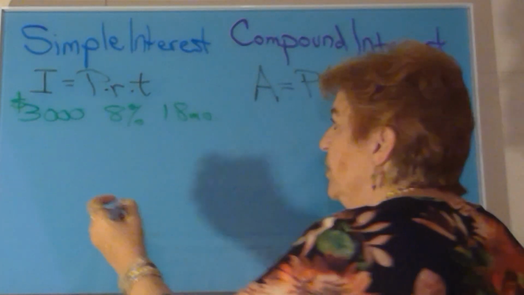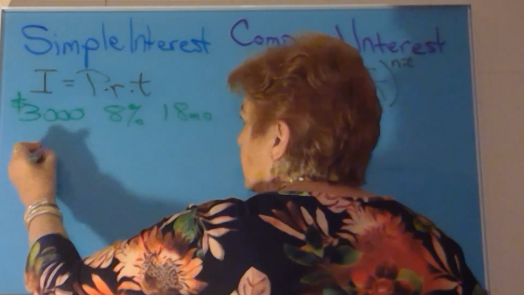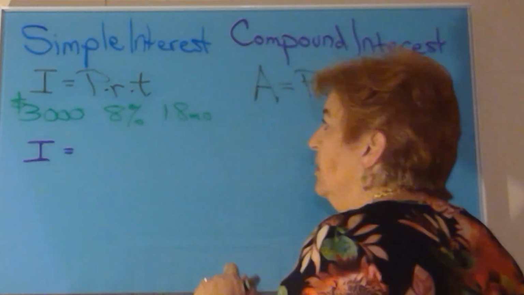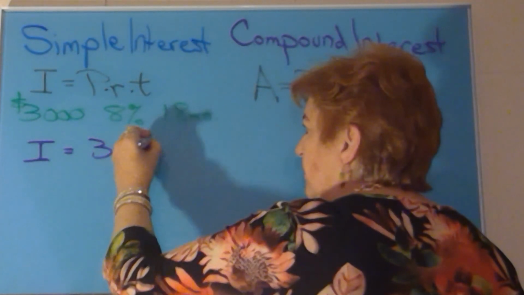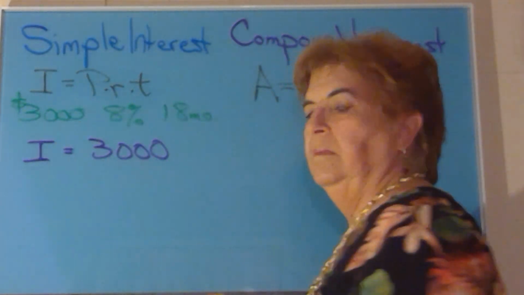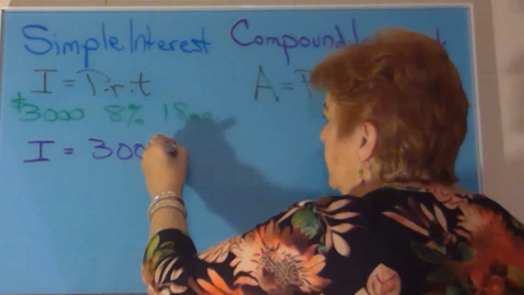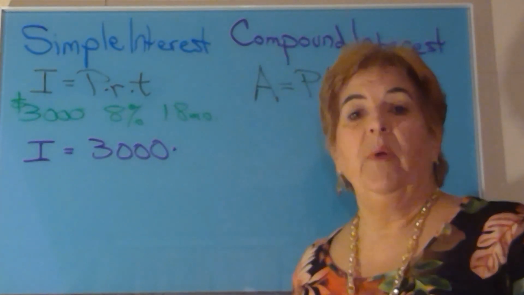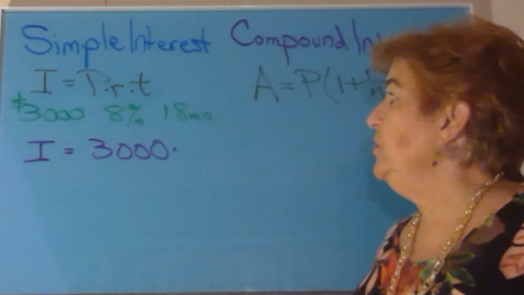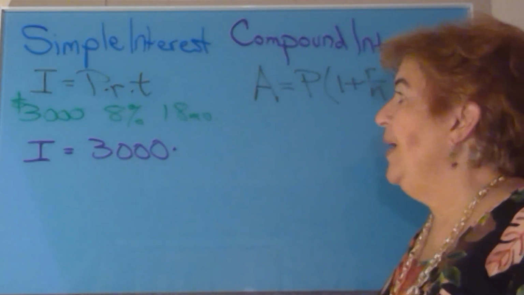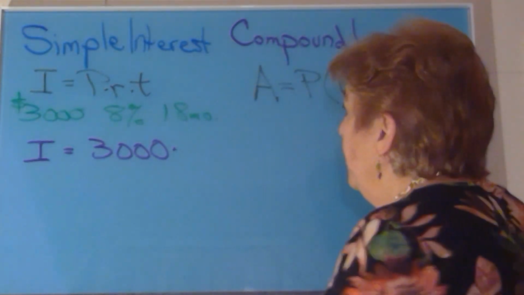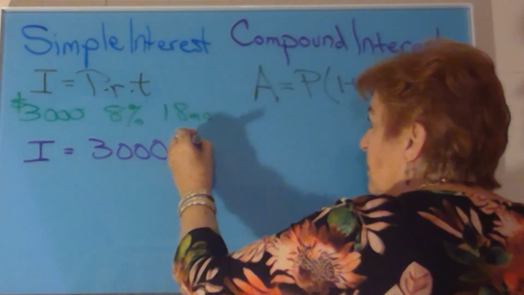The amount of interest is the principal, which is $3,000, times the interest rate. We learned when we studied percent that you can't use it with a percent sign on it, so you have to change it to a decimal. That would be 0.08.